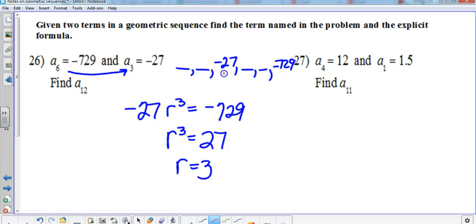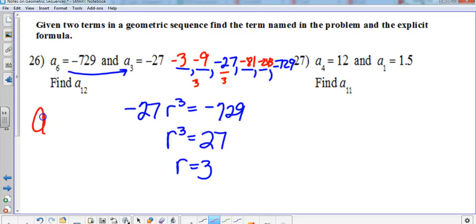Can we just divide by 3 a couple times? Divide by 3 is negative 9. Divide by 3 is negative 3. Does that seem okay? Negative 81, negative 243, if we can fill them all in if we need to. Just checking that it's working.